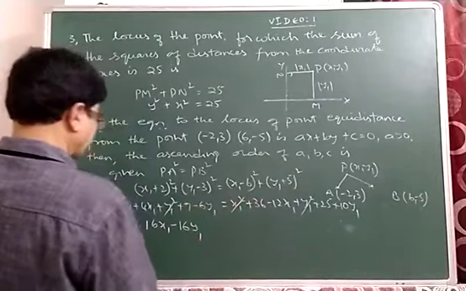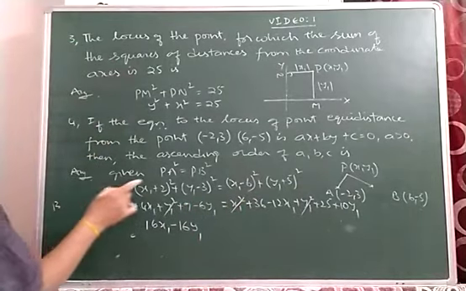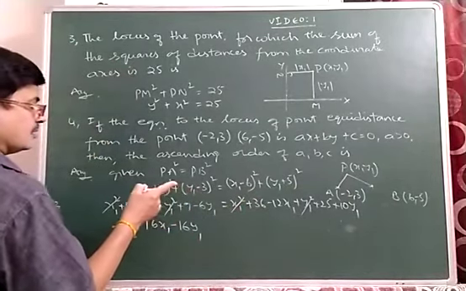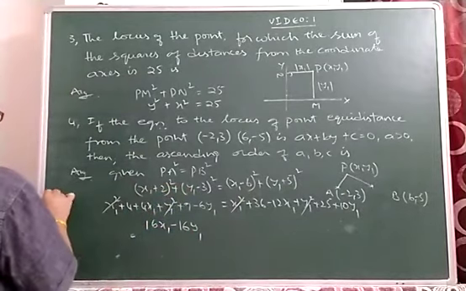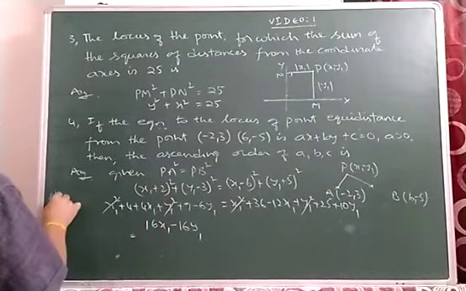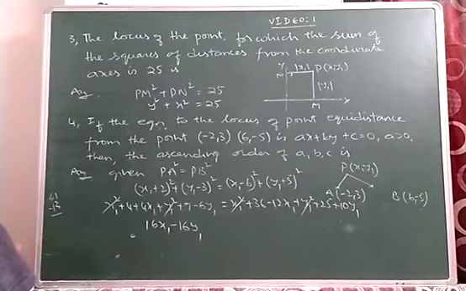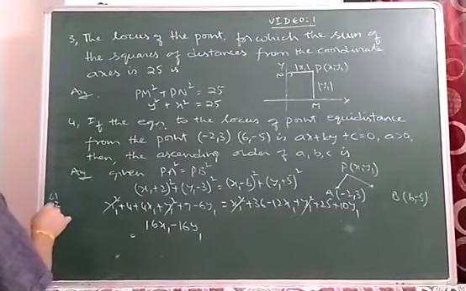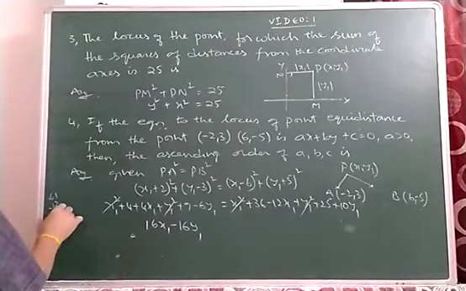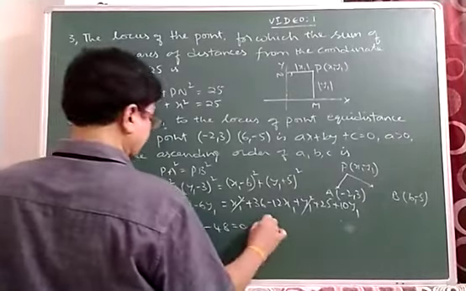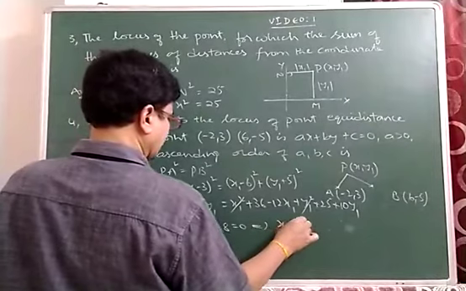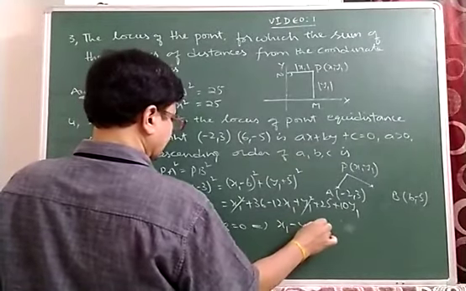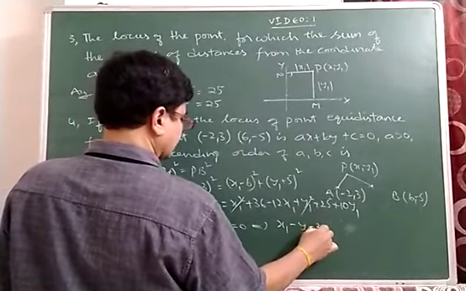Now it is 13 and that is 61. So subtracting, this is x1 minus y1 minus 3 is equal to 0.